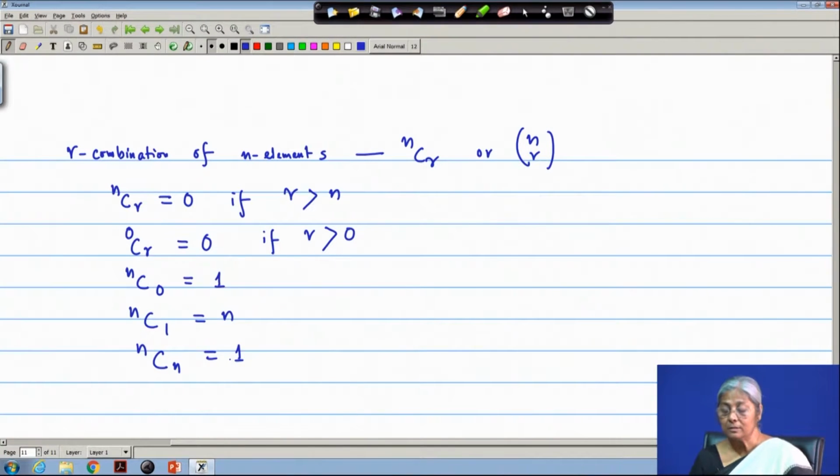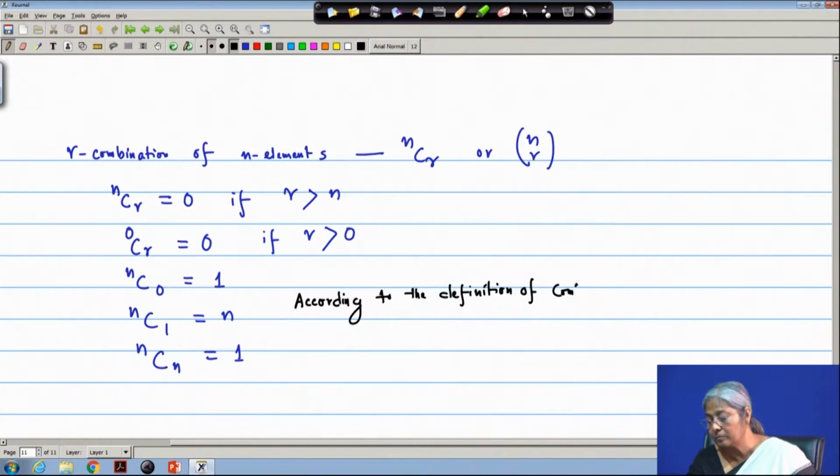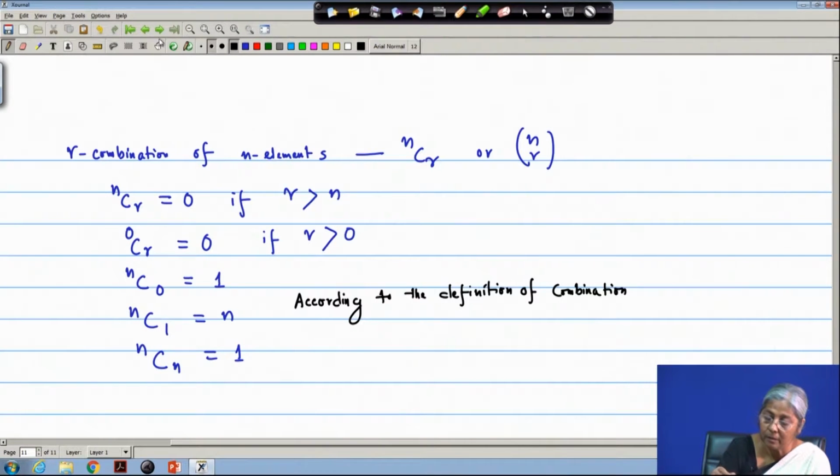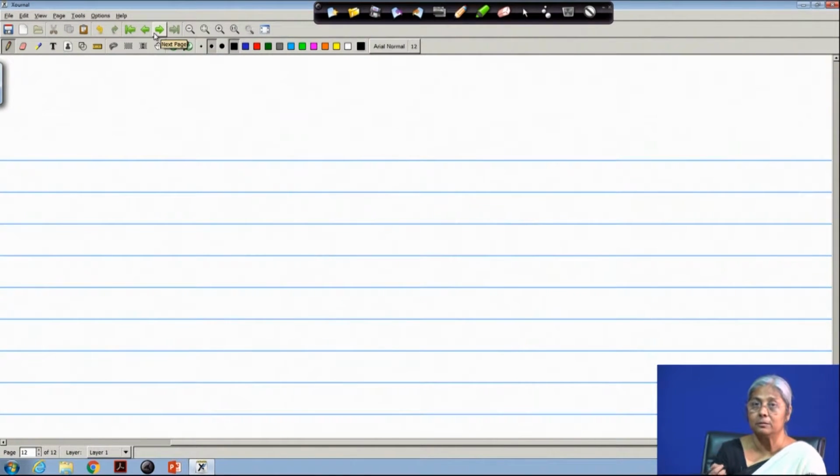Okay, this is according to the definition of combination, or R combination of n elements. Now, we try to find the formula and we write a theorem.